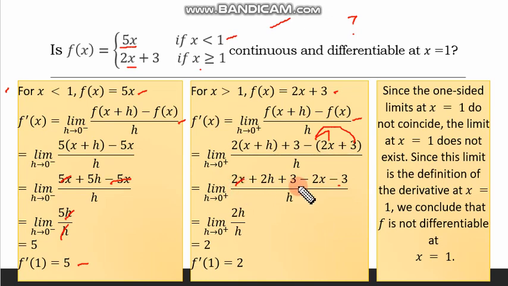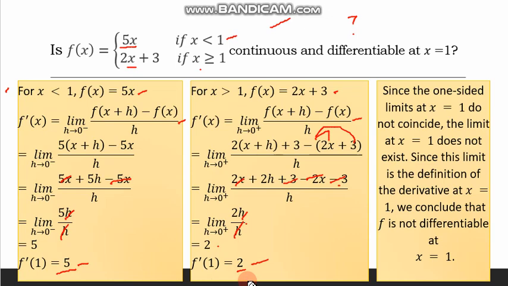So 2x minus 2x is 0, 3 minus 3 is 0. So 2h over h, we could cancel this one. The limit of a constant is the constant. So f prime of 1 is equal to 2 from the right side. We can see that the derivative from the left side is different from the derivative from the right side.